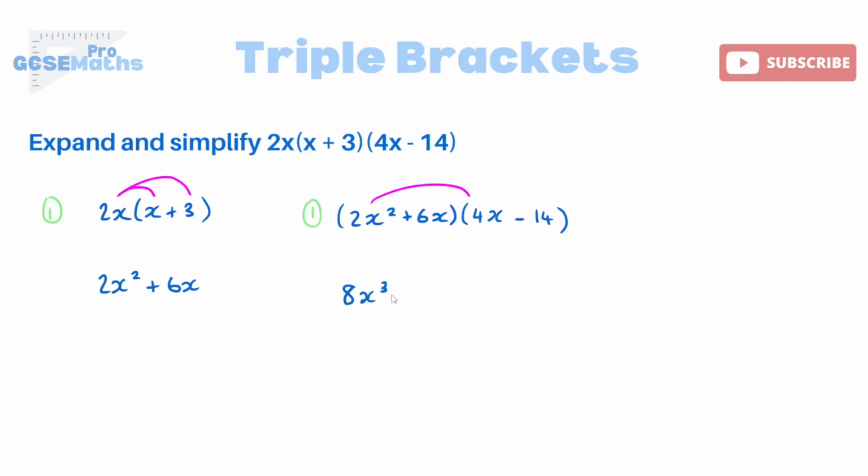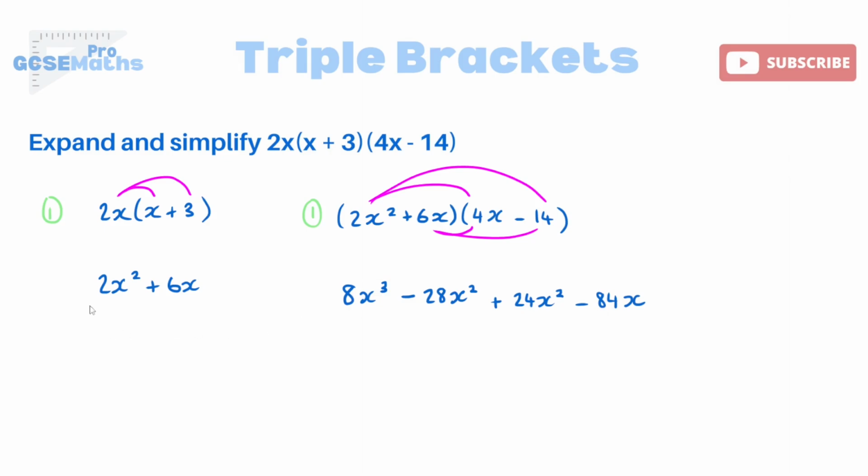We are still ending up with a cubic because you've got an x here, an x here, and an x here. They're all multiplied together. You're going to get x cubed. If it is just a number here, you're going to end up with just x squared, aren't you? So 8x cubed, then negative 28x squared, come underneath, plus 24x squared, and finally minus 84x.